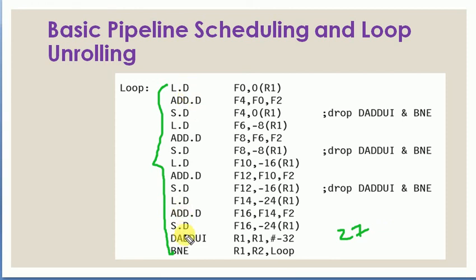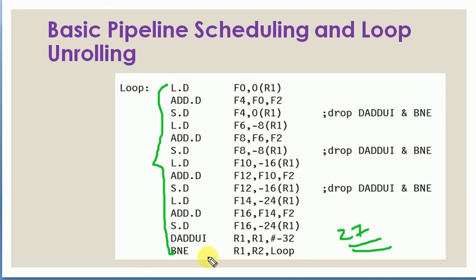So 27 into, now we need to repeat the loop how many times. First, 4 instructions are mixed together, so now 1000 divided by 4. That means we need to have the iteration only that many times. Totally that will be multiplied with 27 to get the total number of clock cycles required, which will always be reduced compared to the previous one, because now we have fewer loops. So a lot of clock cycles are being reduced because of the less usage of DADDUI and branch on not equal to in between.